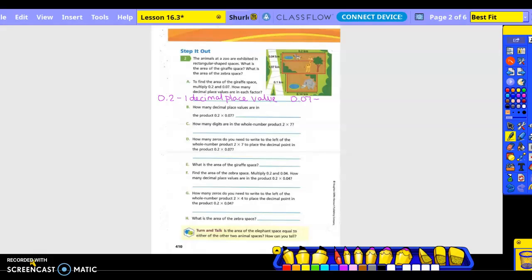700 has how many decimal place values? So 2 decimal place values. So how many decimal place values are in the product of 2/10 and 700? So 3 total, right?